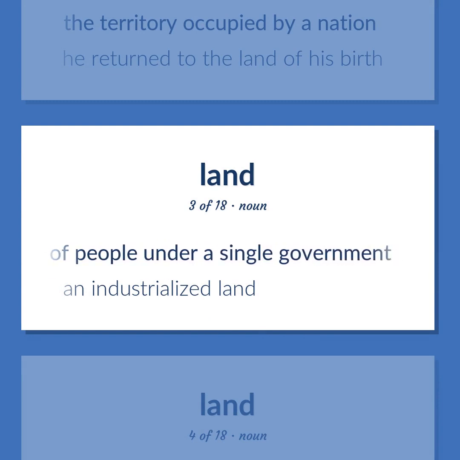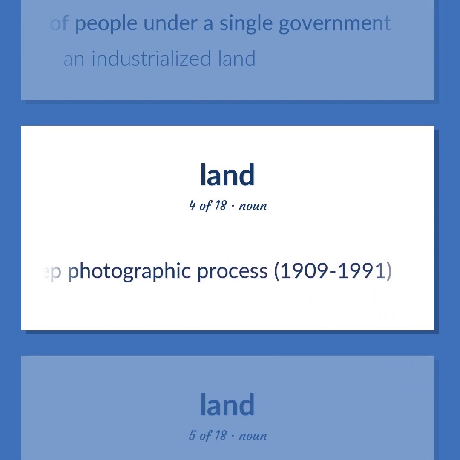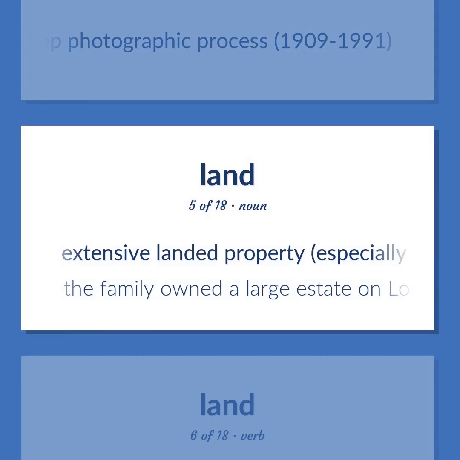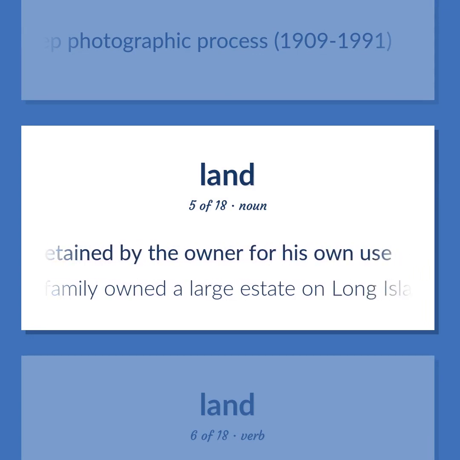An industrialized land. United States inventor who incorporated Polaroid film into lenses and invented the one-step photographic process, 1909 to 1991. Extensive landed property, especially in the country, retained by the owner for his own use. The family owned a large estate on Long Island.